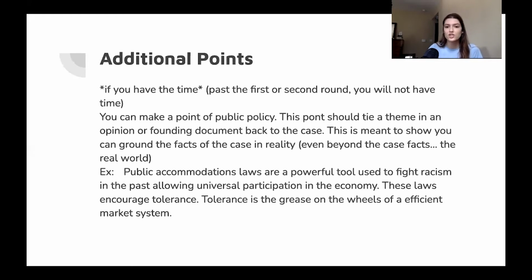Public accommodation laws are powerful tools to fight racism in the past and allow universal participation in the economy. These laws encourage tolerance, and tolerance is the grease on the wheels of an efficient market system. So this is exactly a point of public policy. That's the most basic explanation I have for it.